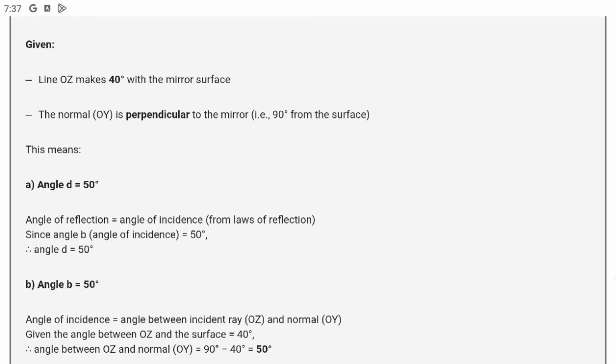So angle of reflection equals angle of incidence from the law of reflection. Since angle B, which is the angle of incidence, equals 50 degrees, angle D equals 50 degrees.